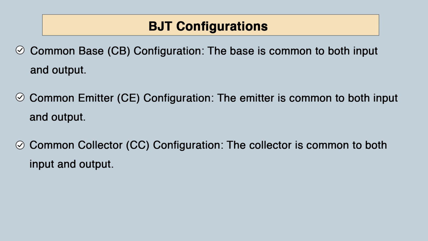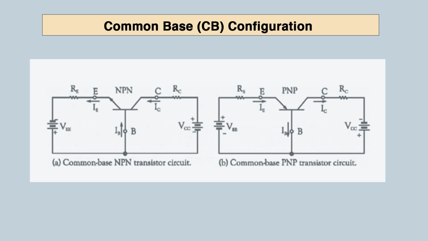Let's first discuss the common base configuration. In this configuration, input is applied between the emitter and base and the output is taken between the base and collector. Here, the base of the transistor is common to the input and output.